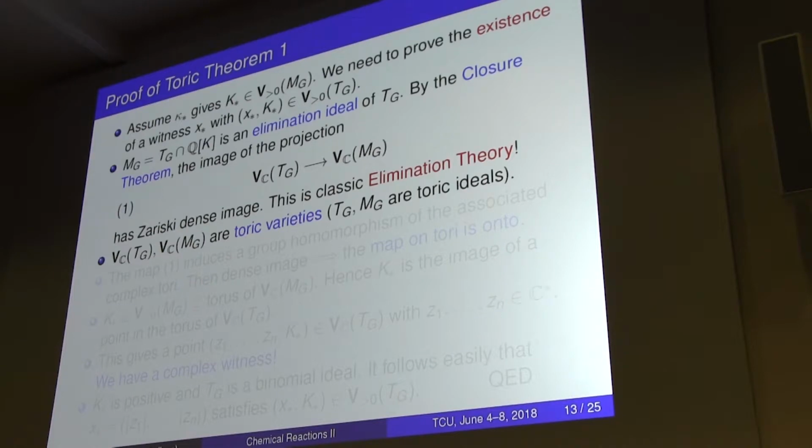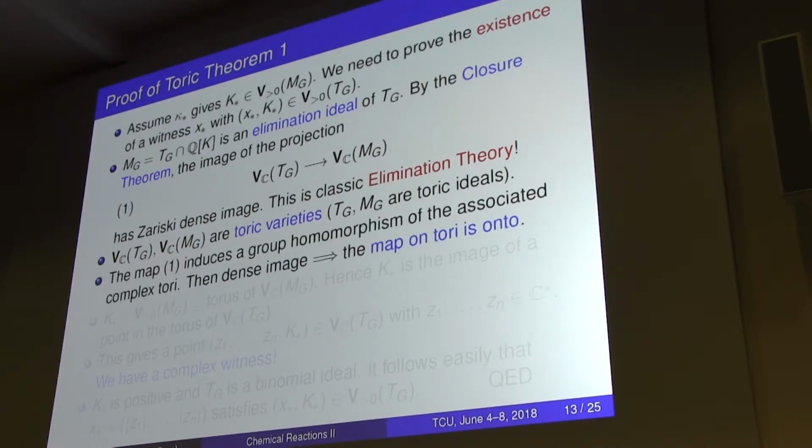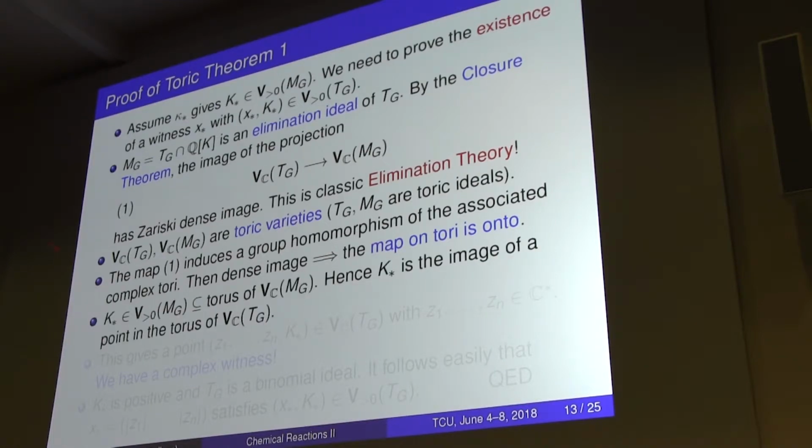So you think about it, well, toric varieties. Well, tori. These guys each contain a torus. And so in particular, this map induces a group homomorphism of the associated tori. So I have a map between two complex tori, which has dense image, but then standard algebraic group theory says this guy's got to be onto. So the extra structure guarantees that I'm onto when I actually look at the torus. But, oh, remember that this was a positive solution. It lies in the torus.